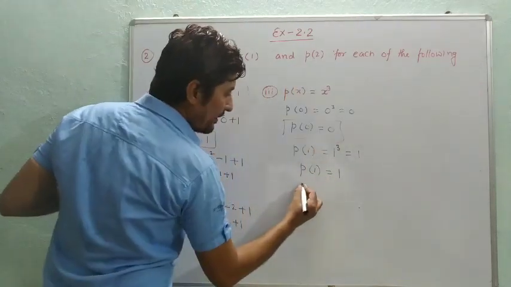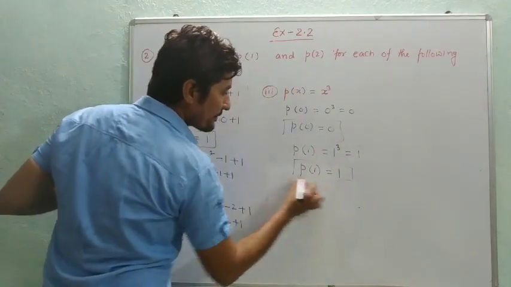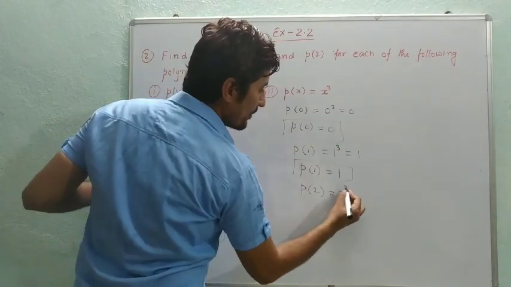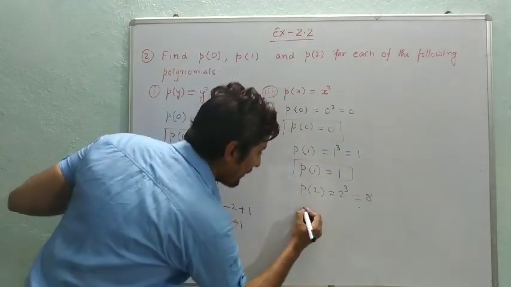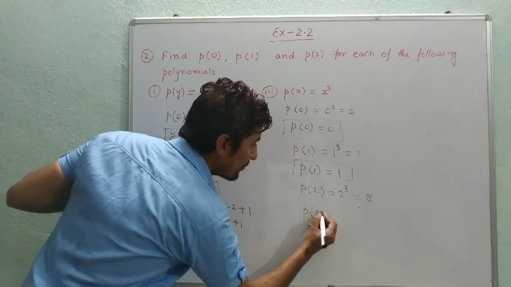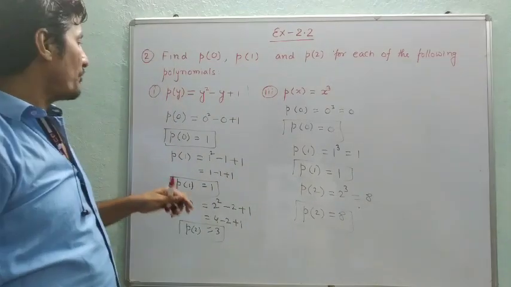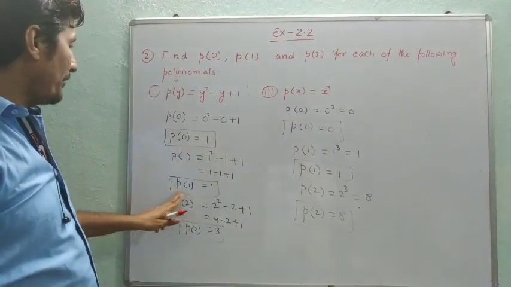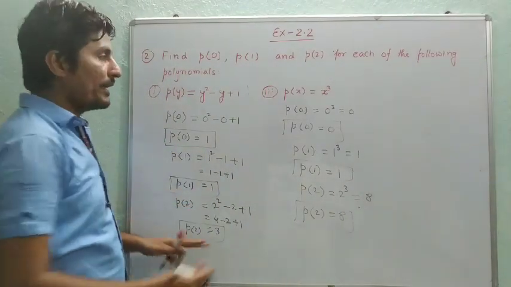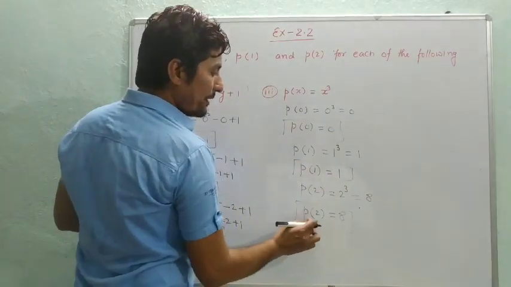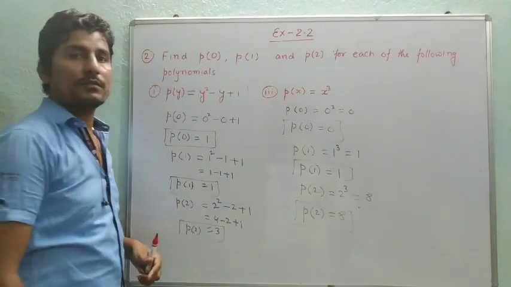Similarly we find P(2). On the place of x we place 2. Cube of 2 will be equal to 8 and finally we can write here P(2) equals 8. So these are the solutions. P(0) equals 1, P(1) equals 1, P(2) equals 3. Here in the second case P(0) equals 0, P(1) equals 1 and P(2) equals 8.